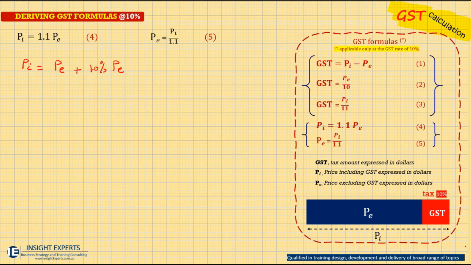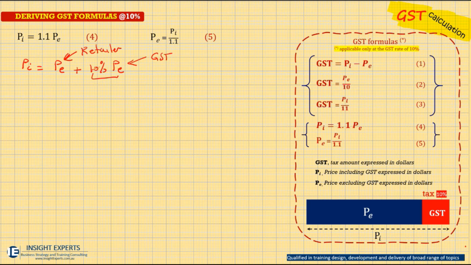So what the customer is paying, he's paying the retailer share, that's the retailer amount of money, but also he's paying the GST amount, and that GST amount is equal to 10% of the retailer recommended selling price.